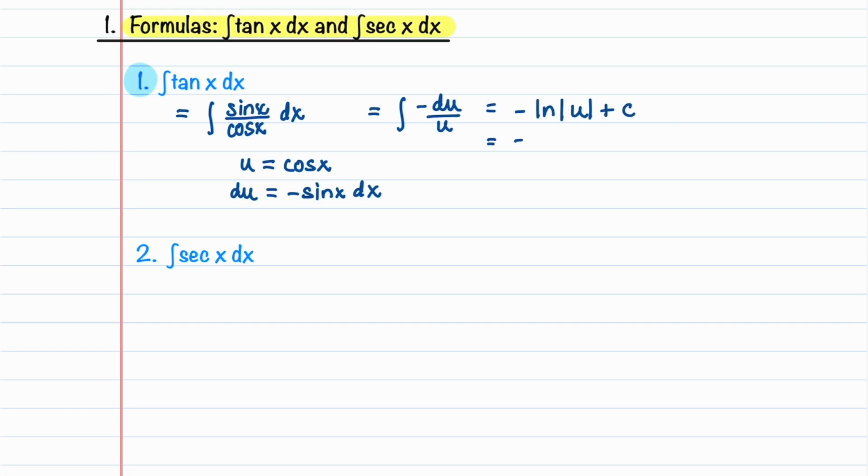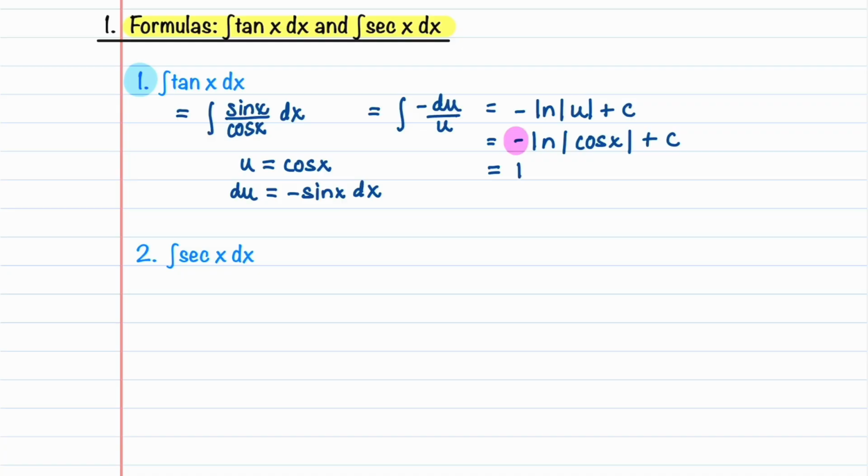We now go ahead and plug back in that u is equal to cosine x. So we have minus natural log absolute value cosine x plus c. We're not done yet because what's customary is we're going to take this negative sign right here and put it in the power. And we can do that because of the properties of the natural log.